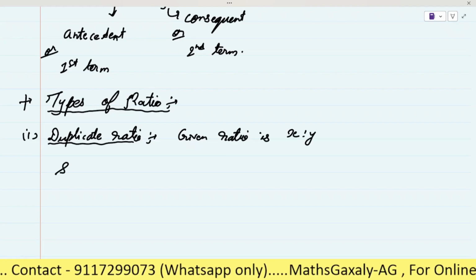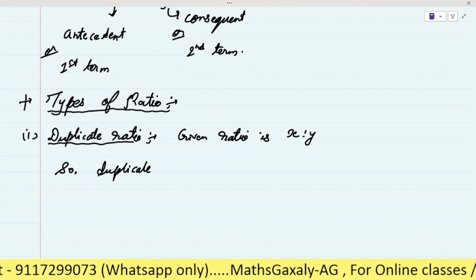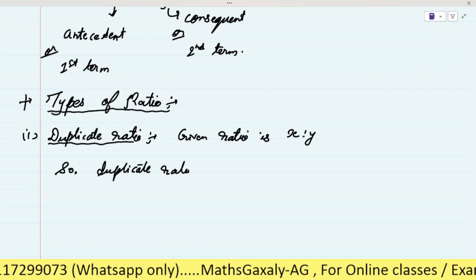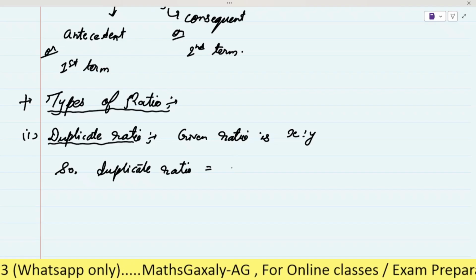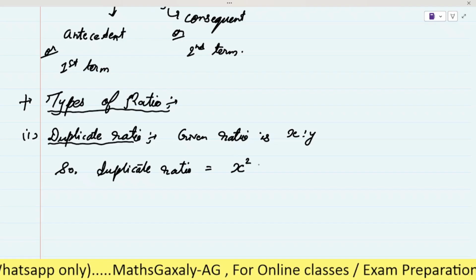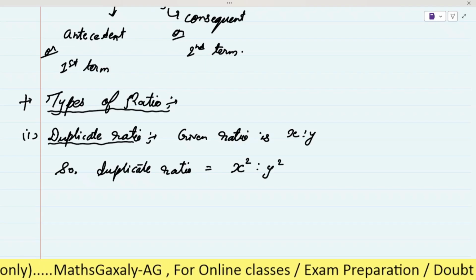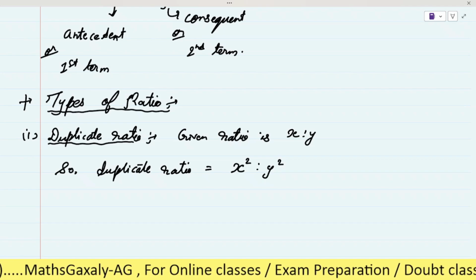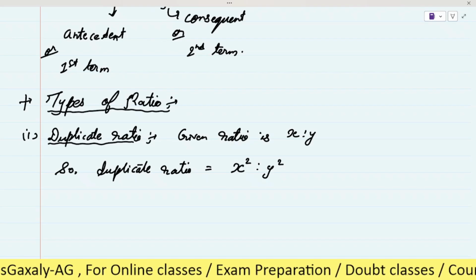Then the duplicate ratio will be x square is to y square. So x square is to y square will be known as the duplicate ratio of x is to y.